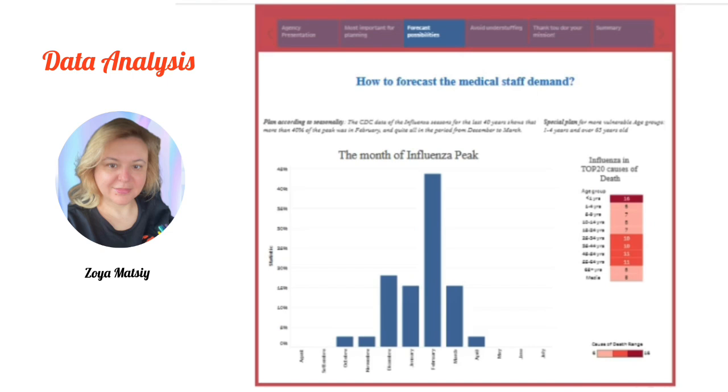That is about how to distribute the efforts during the next season and in which proportion to plan staffing for each month. So if you see this plot, here we see all months when the influenza peak happened during the last 40 years. And here we can see how many times it happened.